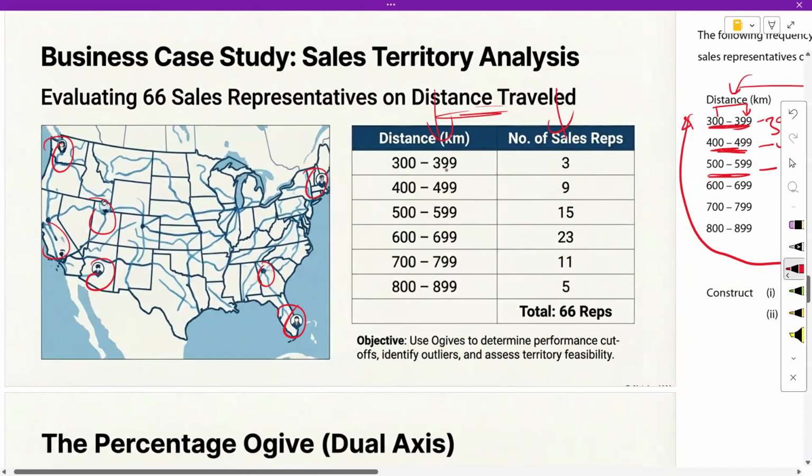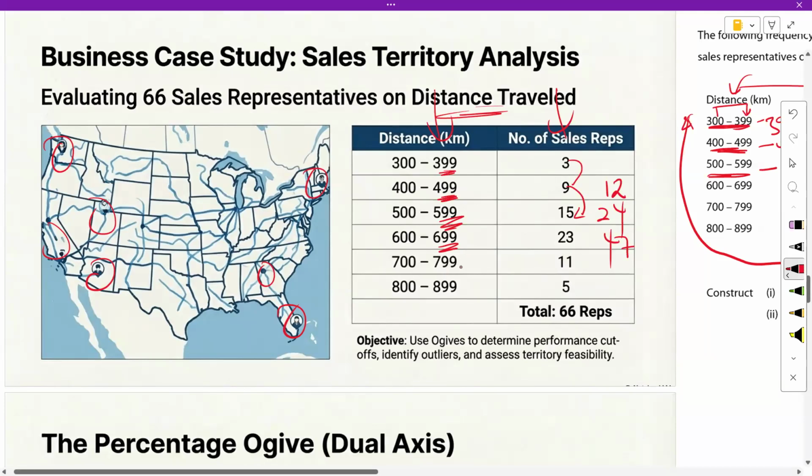Here, how many less than 399? 3. Less than 499, 3 plus 9, 12. Less than 599, 9 plus 15, 24. Less than 699, 47.